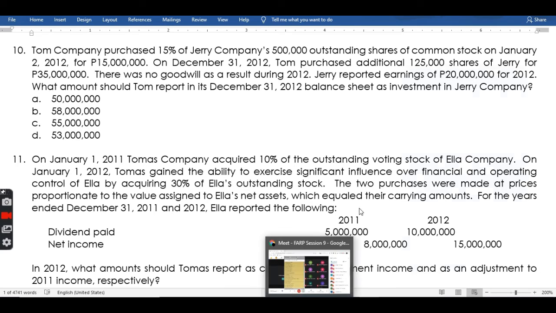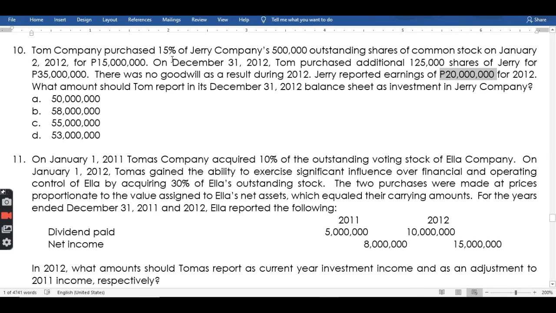Yes, associate muna siya kasi 15, yung original doon, yun yung sa 500 outstanding ordinary shares, ay 500,000, okay? So, that's 15%. Pagkatapos, pag bumili ka ng additional na 125, so madagdagan nga. So, pwedeng maging associate mo na yun. Okay? So, basically, ganito yun, no? To explain further.